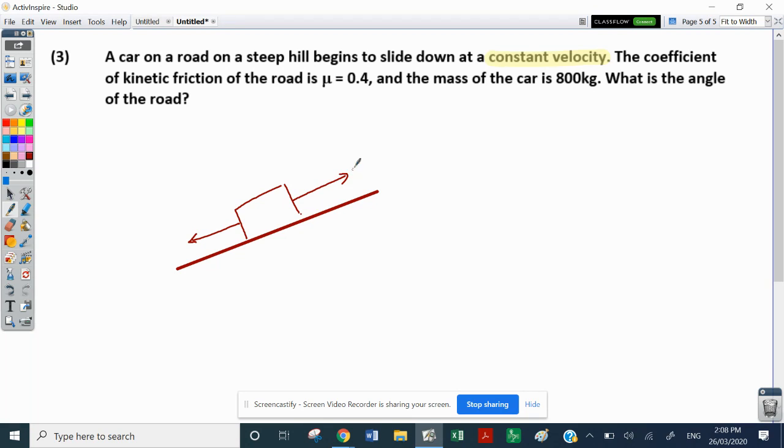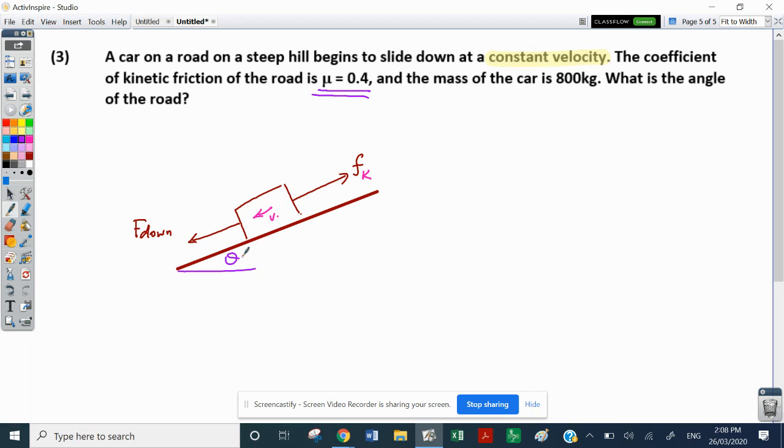There is a frictional force up here, and that one is down. Now, because this is moving, we're no longer using static friction, we're using kinetic friction. We've been given a coefficient of kinetic friction of 0.4. So we want to find the angle of the road.